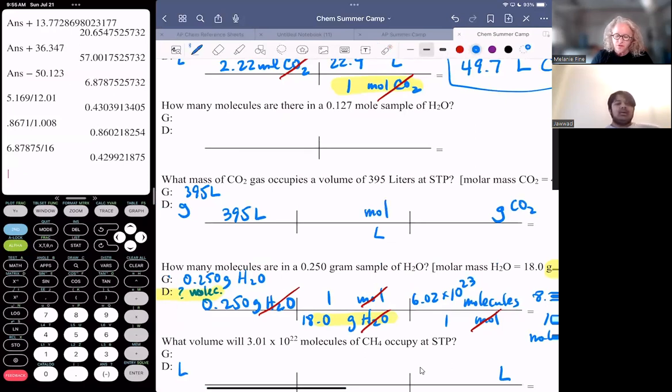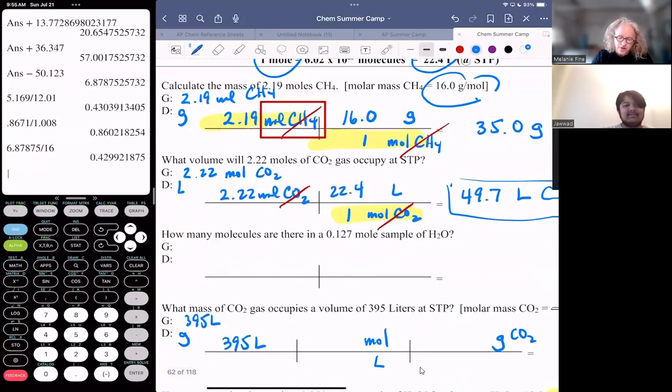How many liters are in a mole? Well, one, because you put it on the bottom. I put 1 at the bottom? No. What 1 always goes with moles.